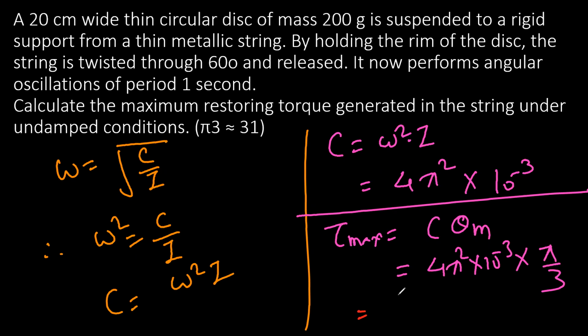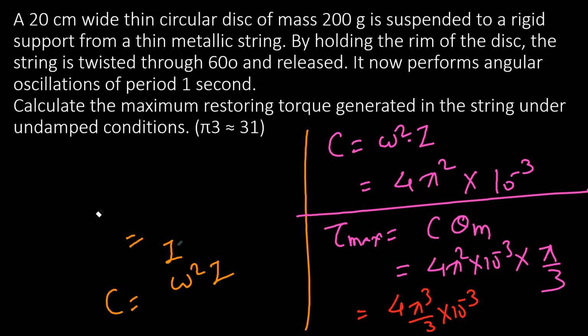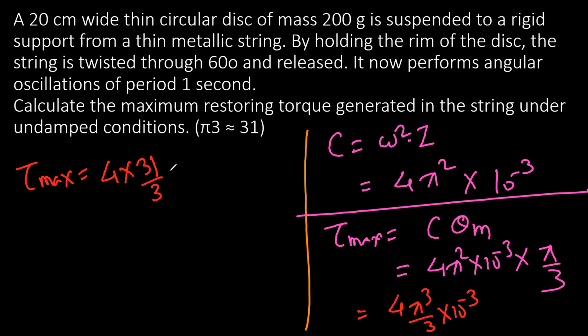Okay, so this will become 4 pi cube by 3, 10 raised to minus 3. So here I solve. So this will become 31 by 3 into 10 raised to minus 3.